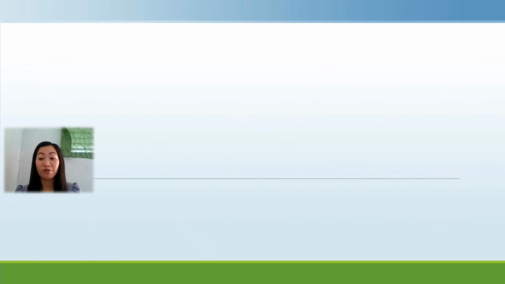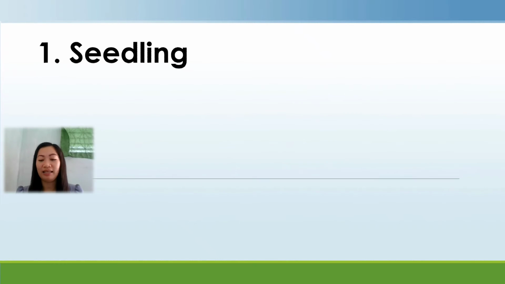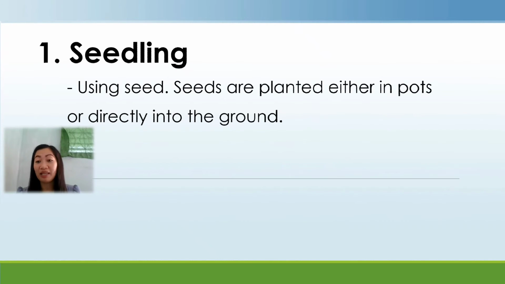We have the first one, seedling. When we say seedling, it comes from the seed, right? Seeds that we will put in the ground and grow. The advantage of using seeds is that the plant is strong. But the disadvantage is that the plants take a long time to grow and produce fruit.